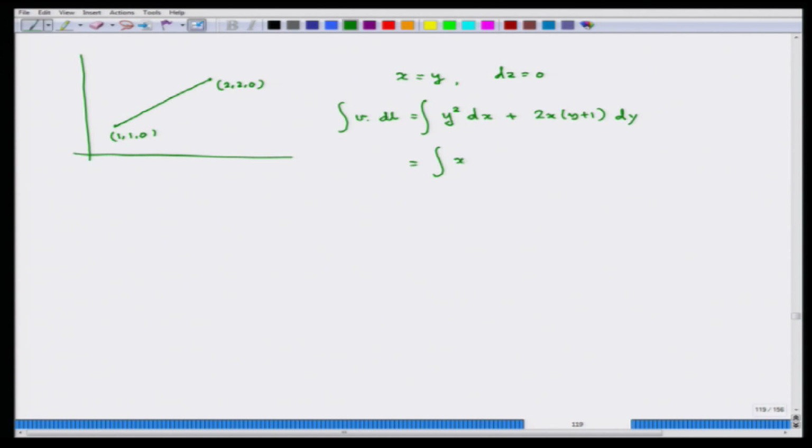So, x is equal to y, this will become x squared dx plus, same going from 1 to 2, here I will put 2x into x plus 1 dx.